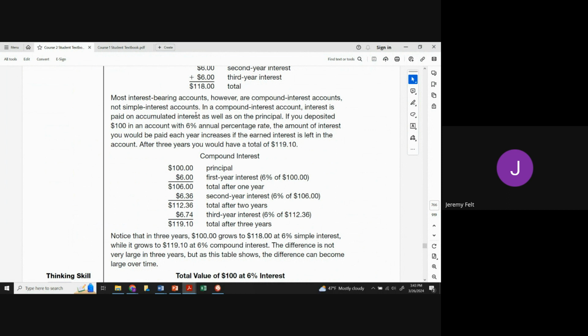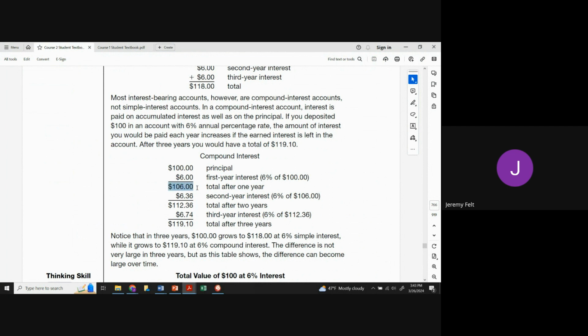In a compound interest account, it's going to go up, but not at the principal. After quarterly or the year, whatever it is, annually, the balance is now the new starting point, and it's going to take the percentage off of the new principal. So $100 at 6%, the first year would be the same. We made $6.